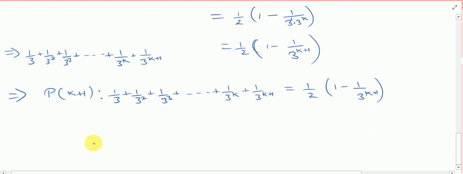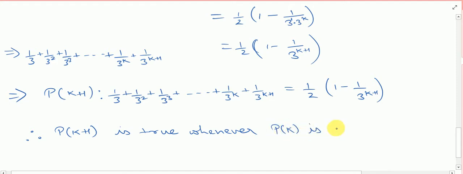Done. So we can write therefore Pk plus 1 is true whenever Pk is true.